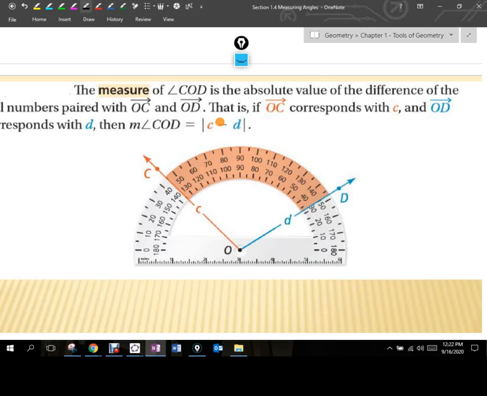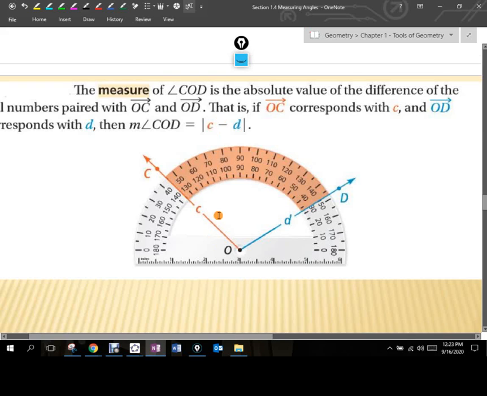So if I look at my clock right now, when the minute hand moves around clockwise, that is actually in mathematics opening up what we call a negative angle, just because of the direction that the ray moves from its starting point. If it was going the other way, then it would be considered a positive angle. But we're going to always talk about positive angles in this class, so we take the absolute value. Is that okay with everybody?